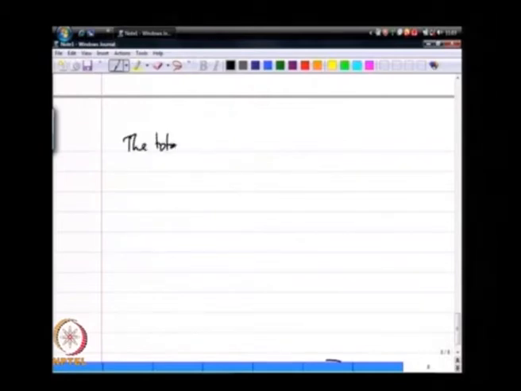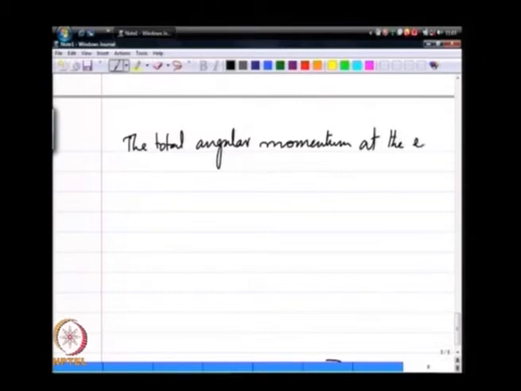So, we will take advantage of that, and once I do that, the total angular momentum at the exit is given by the integral going from r 0 a to r 0 of 2 pi r.